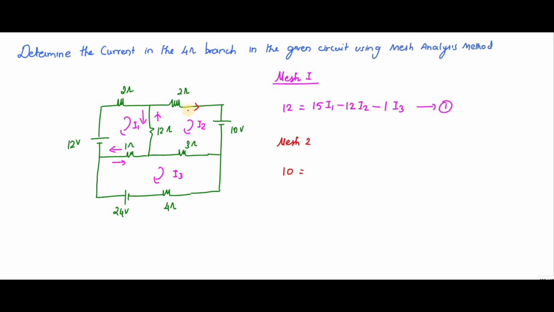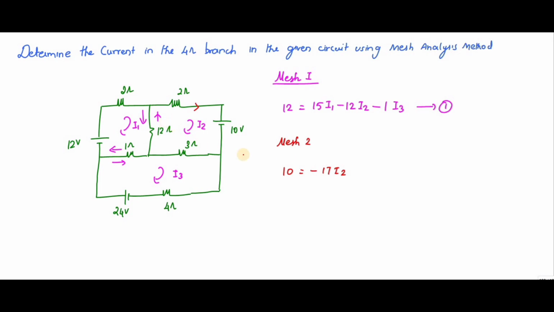Therefore I can write the total resistance value, 12 plus 2 plus 3, as minus of this value, 12 plus 2 is 14, 17, right? Minus 17 I2, and here also both are in opposite directions.